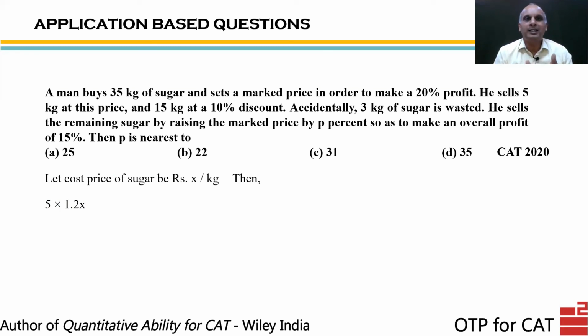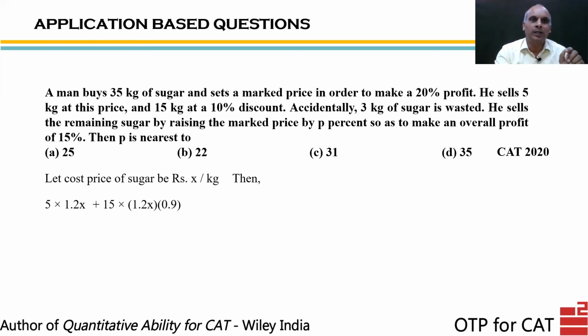Another 15 kg at 10% discount, so 15 into 90% of 1.2x, that is 15 into 1.2x into 0.9 for the second part. 3 kg gets wasted, so I'm left with 12 kg, that is 15 minus 3 kg.